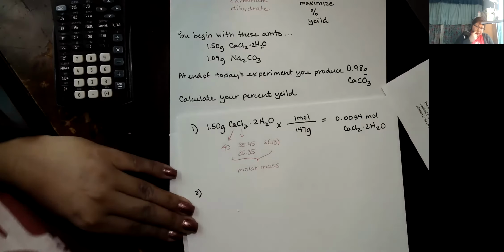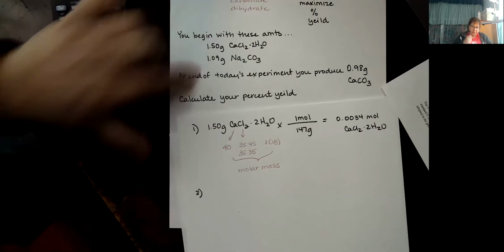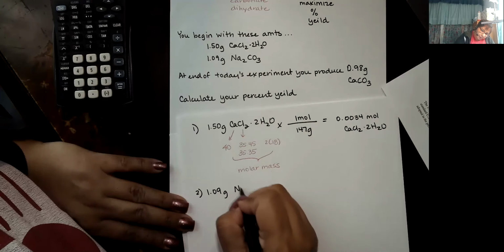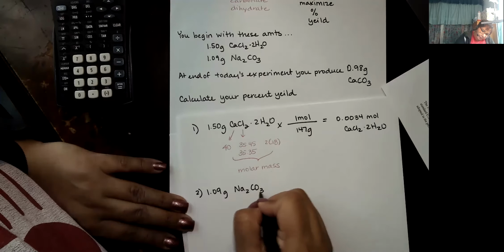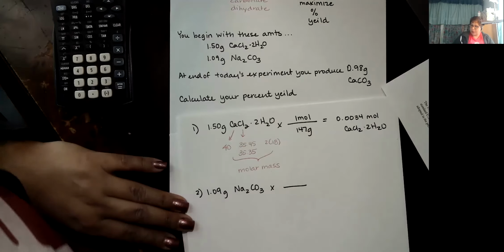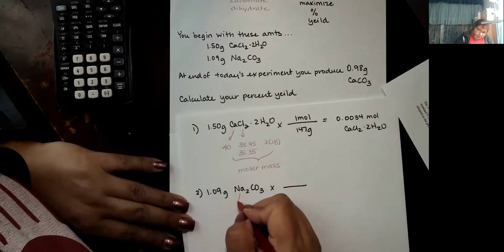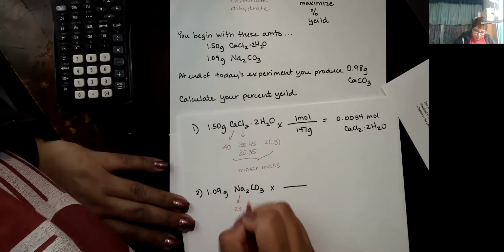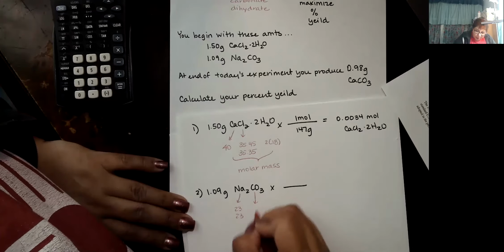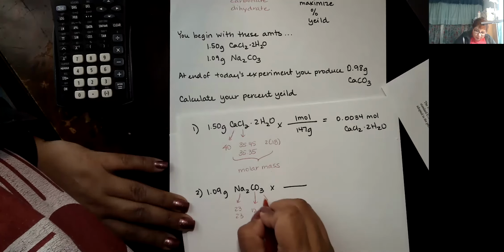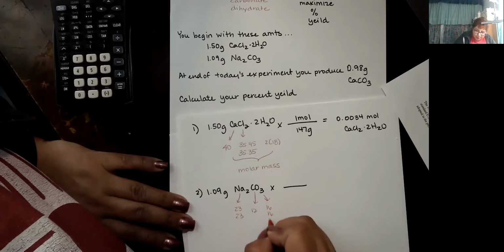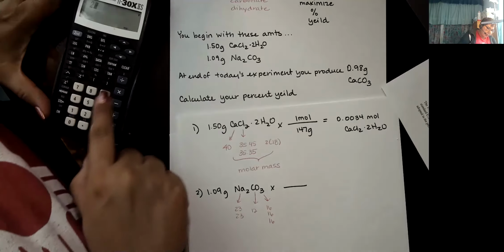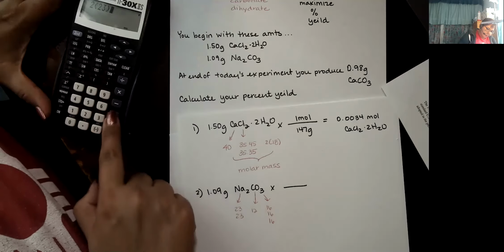Do the same thing for my number of grams of sodium carbonate. And so the molar mass of this is going to be 23 twice because there's 2 atoms, 12 for carbon, and then 16 3 times because there are 3 oxygen atoms in the formula.